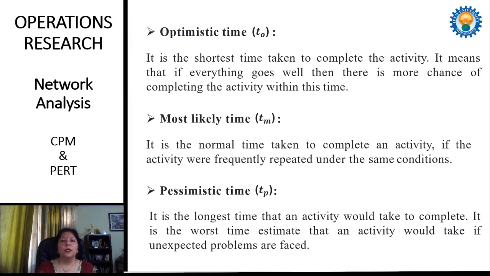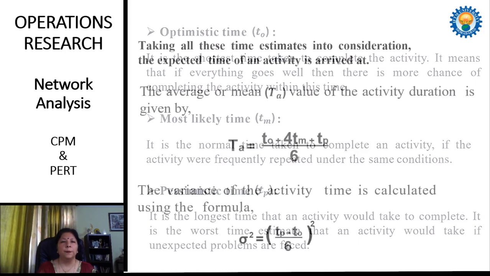Optimistic time is the shortest time taken to complete the activity, represented by the notation TO. The second is most likely time, which is the normal time taken to complete an activity, represented by TM. The third one is pessimistic time. It is the longest time that an activity would take to complete, represented by TP.